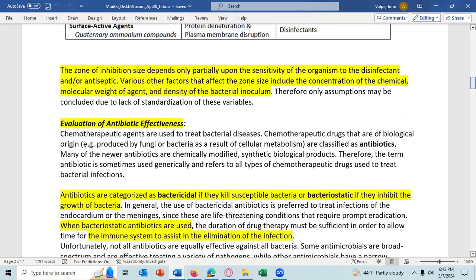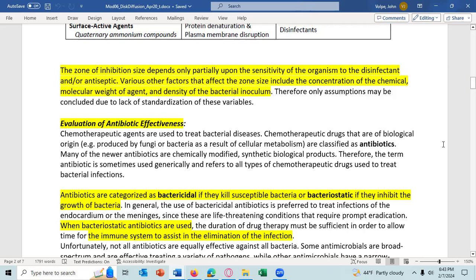Generally, the larger the molecular weight of the chemical agent, the smaller the zone of inhibition. And then the density of the bacterial inoculum can also affect the size of the zone of inhibition. Generally, if the bacteria are more and more dense, you'll have a smaller zone of inhibition.